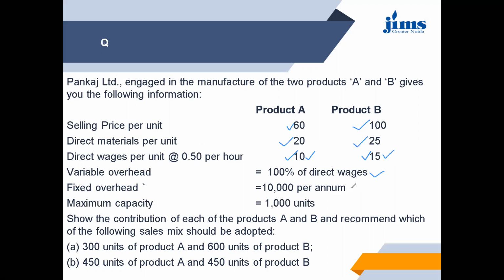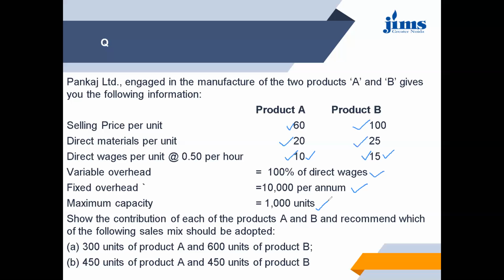Fixed overheads is 10,000 per annum. Maximum capacity is 1,000 units. Now you are being asked to show the contribution of both the products A and B, and you have to recommend which of the following sales mix should be adopted.